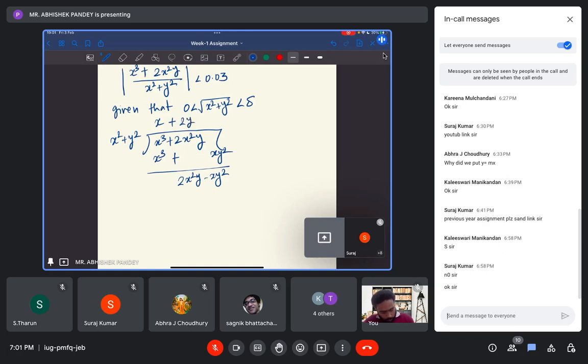Again the same thing will come, so 2x squared y plus 2y cubed. Anyhow, this will not work because again the same thing will come, with x replaced by y and y replaced by x.